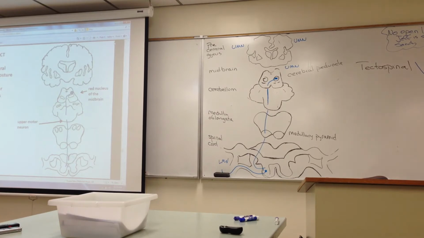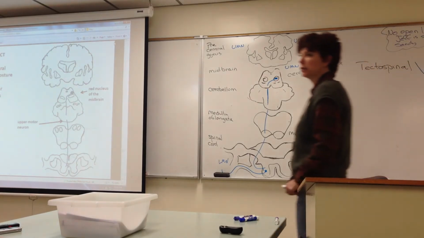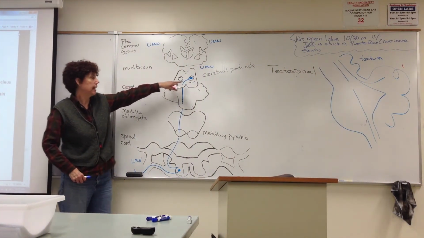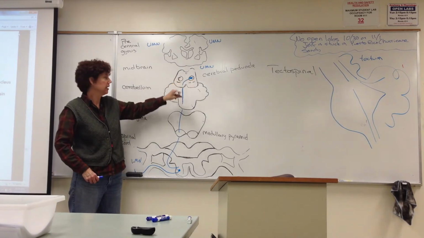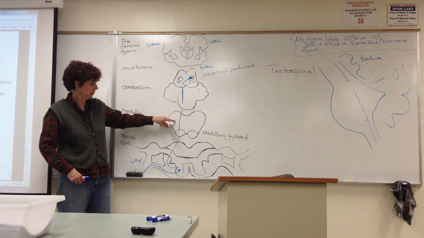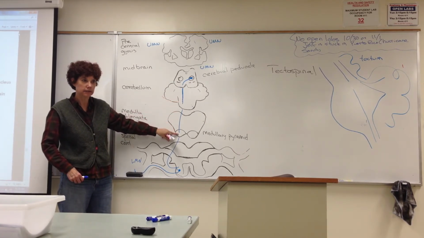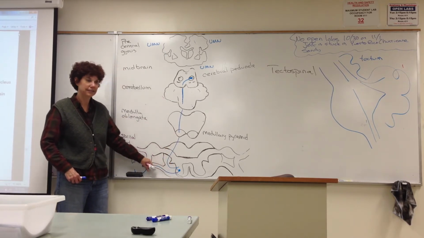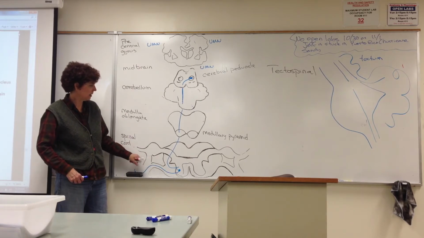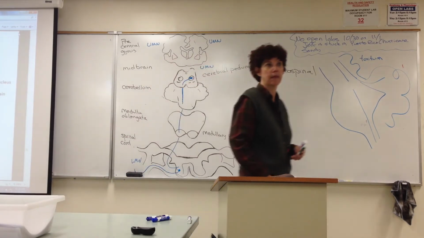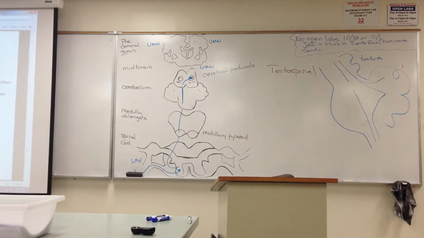All right, so if I had this on, and I said diagram the rubrospinal tract for the extra credit one, I would want you to label this as midbrain, label this as red nucleus, cerebral peduncle, pons, medulla, medullary pyramid, anterior gray horn, ventral root, spinal nerve, ventral ramus, and upper and lower motor neurons. So just any of the structures that the nerves are passing through, and then the names of the nerves.